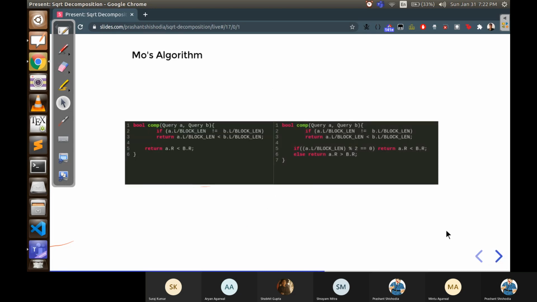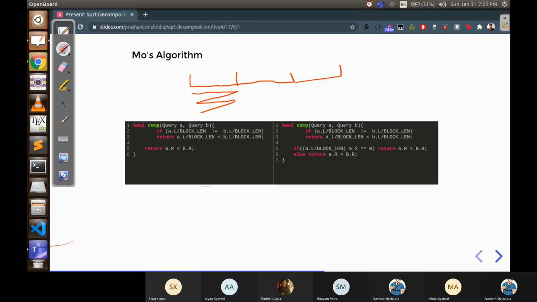So one more thing to add here in Mo's algorithm is that, suppose this is my left pointer that goes in a zigzag motion for each query, and this is my right pointer that only moves forward.